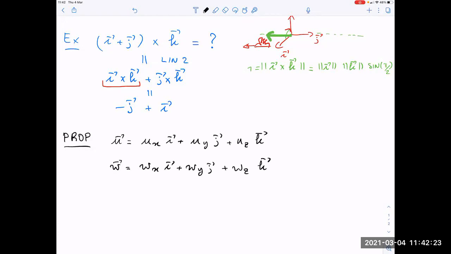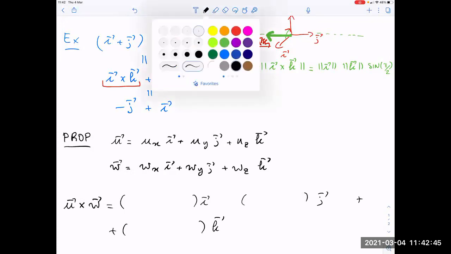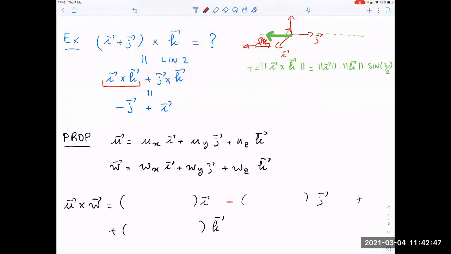And then we want to compute u cross w algebraically, so without using the definition, but using the properties. I know this vector will have three components, something times i, something times j, and then something times k. It is convenient to have a minus here. So the rule is nicely expressed when you have a minus in front of the j component.